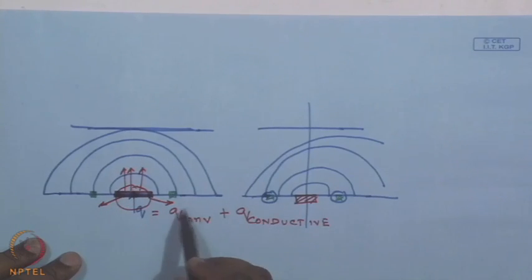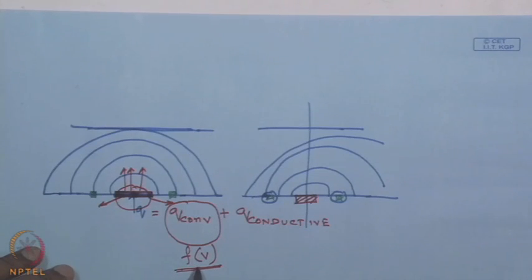Now, this convective heat loss is going to be a function of the fluid velocity. So, we are going to see what is going to be the functional form of Q convection in such a case. Whereas, Q conductive is going to depend on the thermal conductivity and the temperature difference and so on.